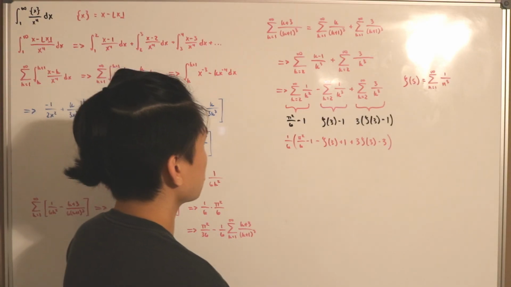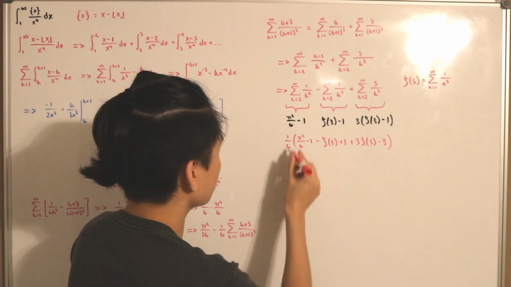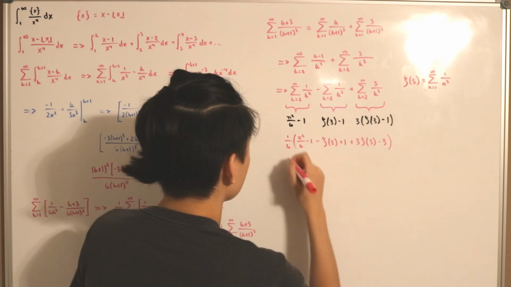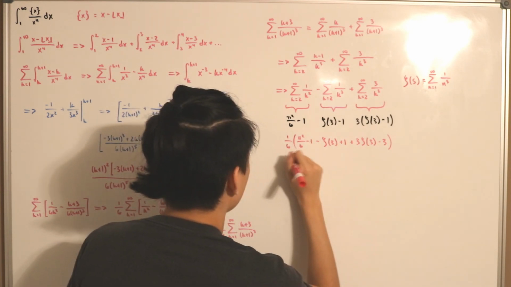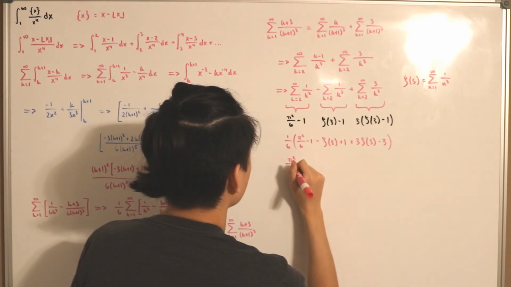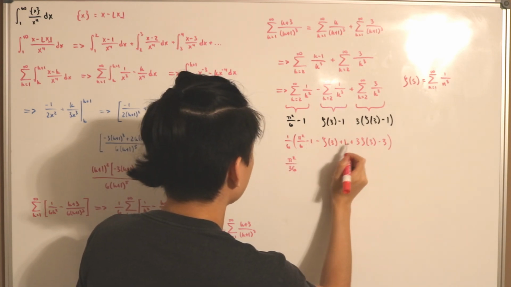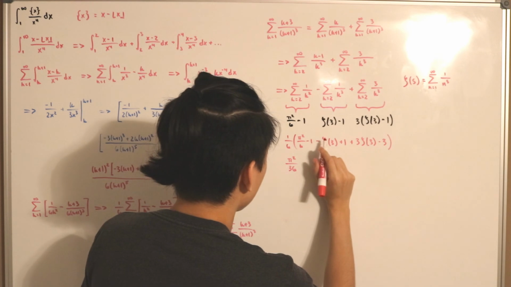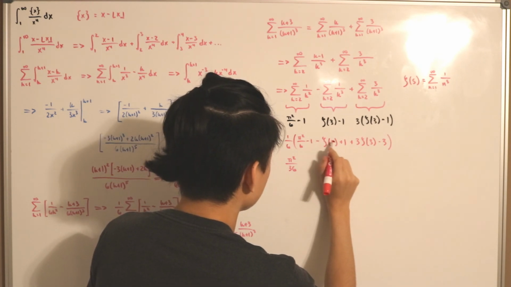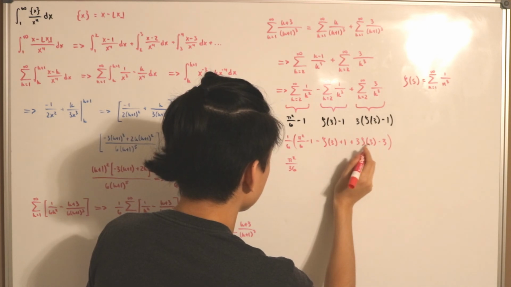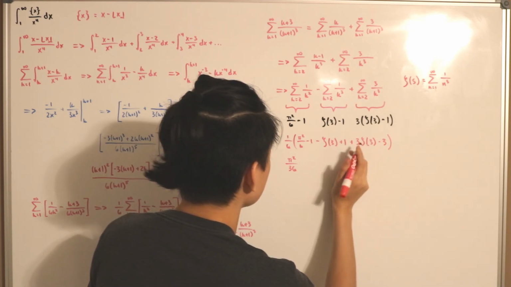Okay, now all we have to do is multiply the 1 over 6 into our expression inside. So we have pi squared divided by 36, then minus 1 plus 1, they cancel out, minus zeta 3 plus 3 times zeta 3, that's positive 2 zeta 3.